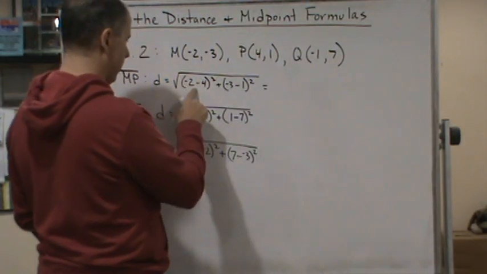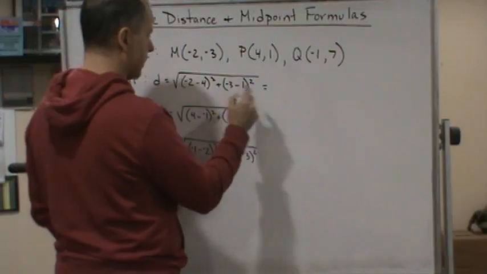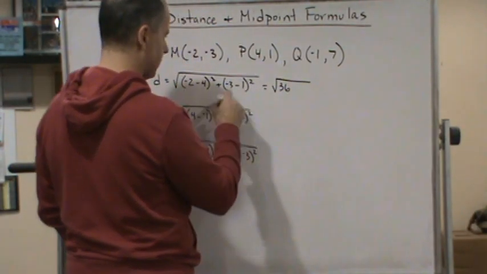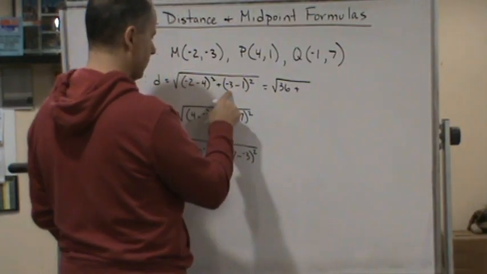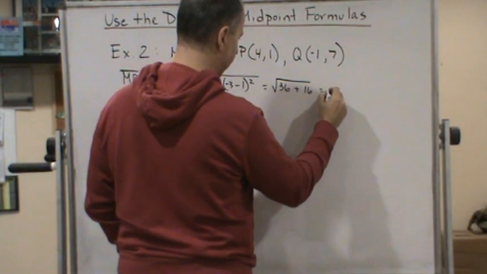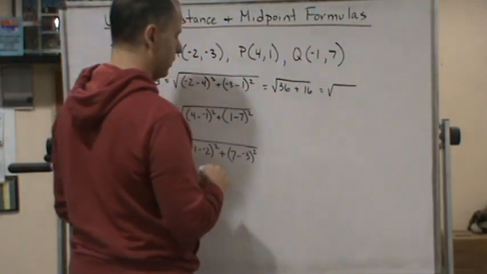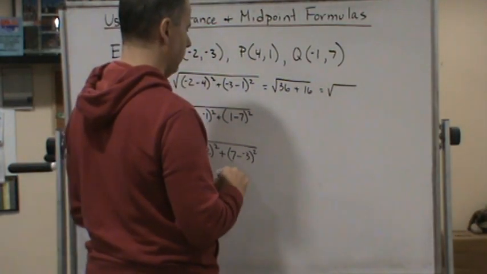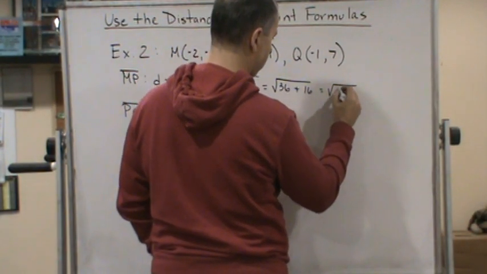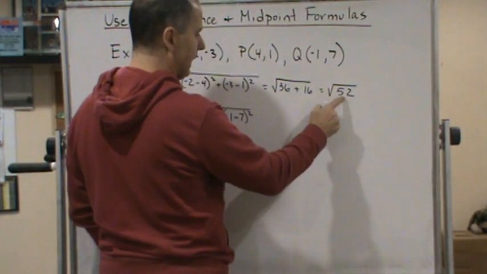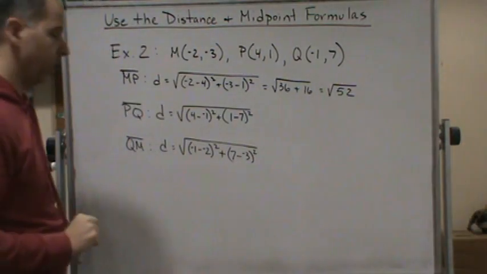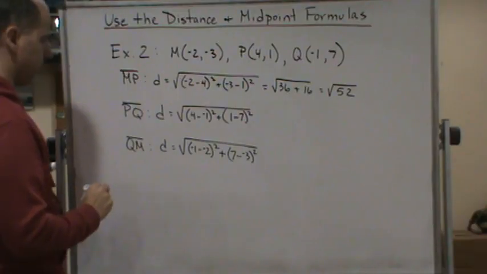So this gives us a -6 squared, which is 36, plus -4 squared, which is 16, which is going to give us the square root of 52. Okay, now I'm going to leave this like this, okay? Just leave it with the square root, and you'll see why in a moment.